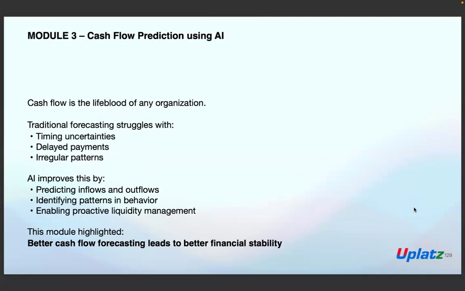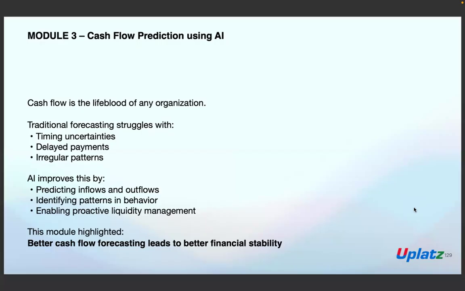The third module focused on cash flow prediction using AI. Cash flow is the lifeblood of any organization. Traditional forecasting struggles with timing, uncertainties, delayed payments, and irregular patterns.